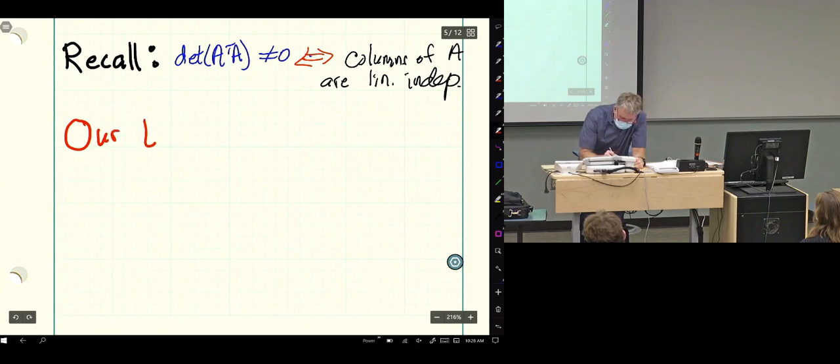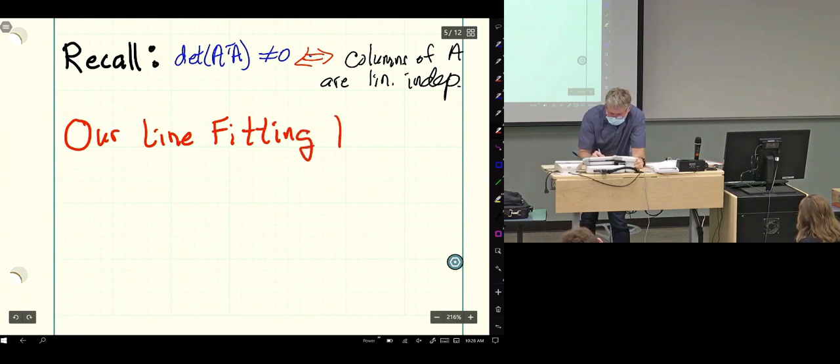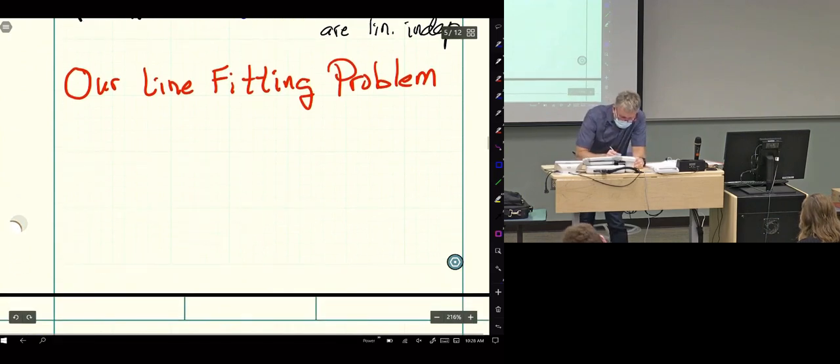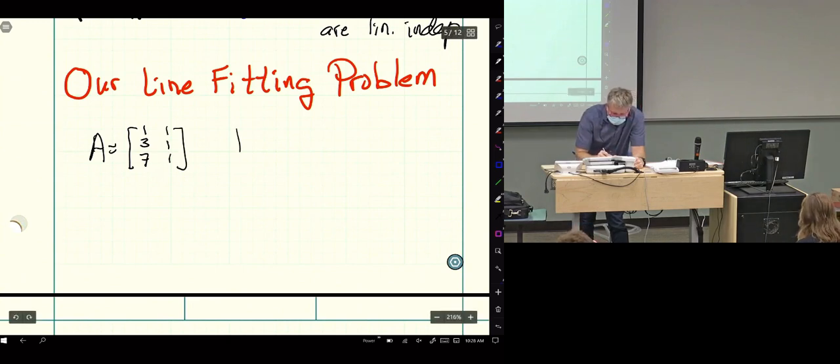Okay, let's go back to our line fitting problem. I'll write it out, with A being the columns of 1, 1, 1 and the data points, and B was 2, 4, 5.